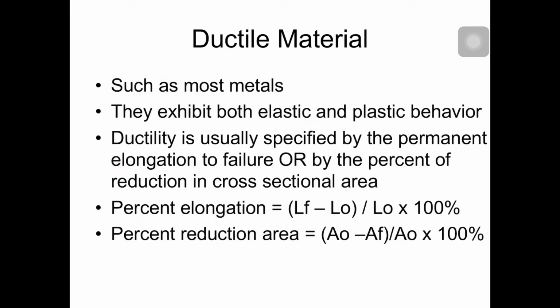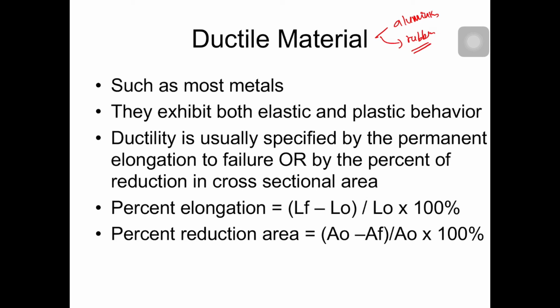So we come to another sub topic, which is ductile material. So we have two types. One is ductile material and one is brittle material. Ductile material is, for example, aluminium, or you have rubber. Rubber is ductile, elastic.